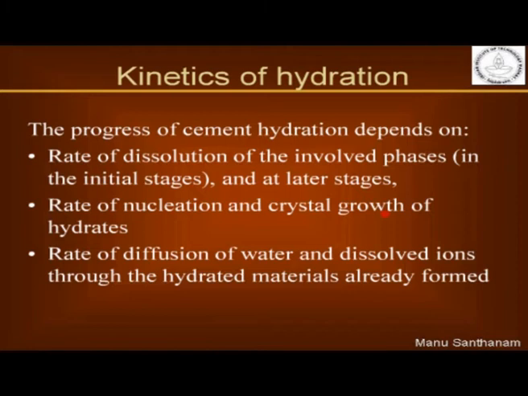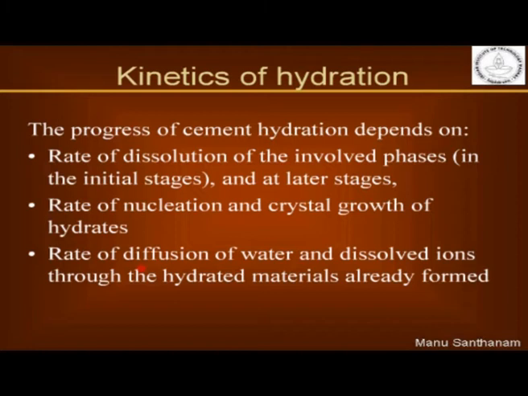Now please remember, once you start forming this hydrated structure, the water has to come through it to the point where you have unhydrated cement and react with it to form the other hydration product. So the last stage of cement hydration is dependent on the rate at which water will diffuse through the hydrated layers to reach the particles that are still not hydrated.